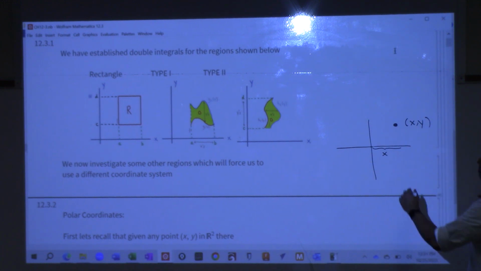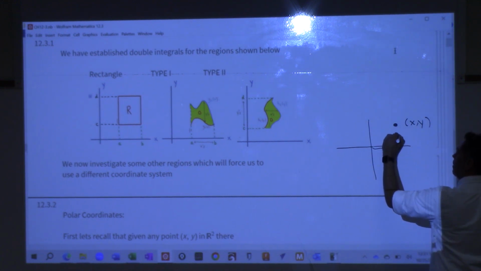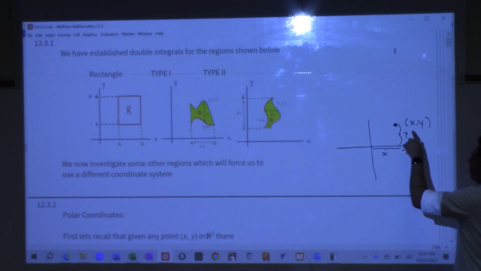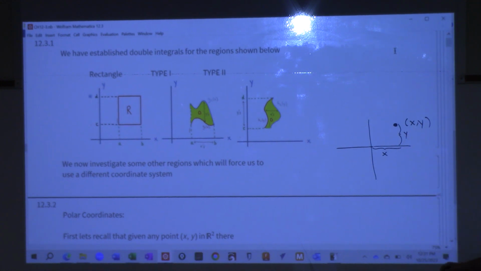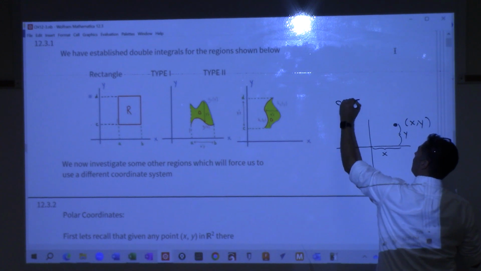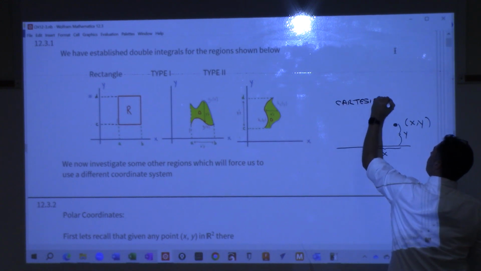And then to get to the point, you then have to go up by y, right? But that's a vertical displacement. So this is your x displacement, and this is your y displacement, your horizontal and vertical displacement. That's how we navigate around the plane, right? This way of thinking is called the Cartesian coordinate system. This is called Cartesian coordinates.